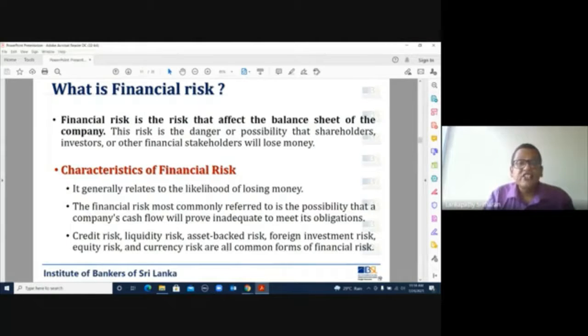The characteristic of financial risk is that it is generally related to the likelihood of losing money. Actually, in any risk, whether financial risk or reputation risk, there may be three impacts.